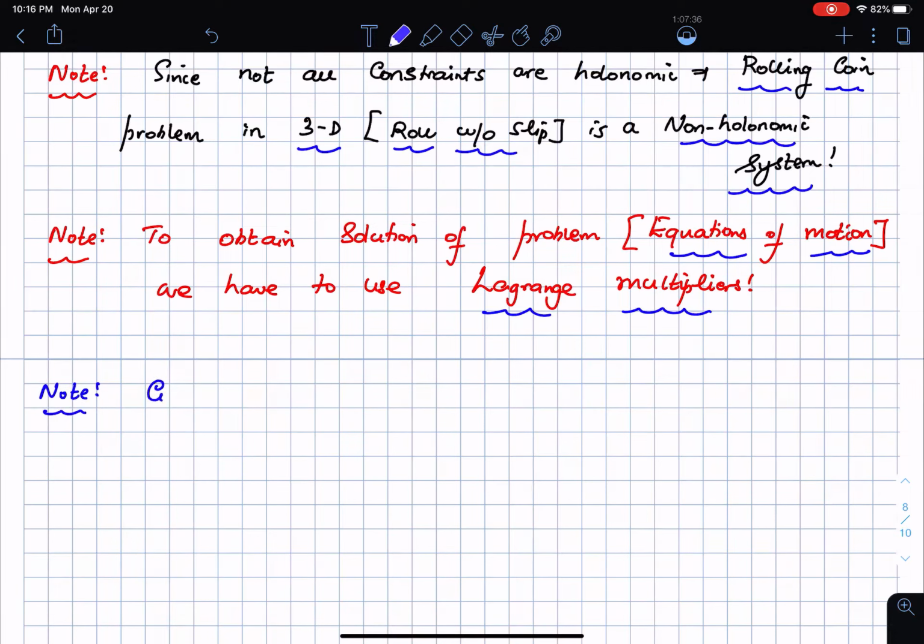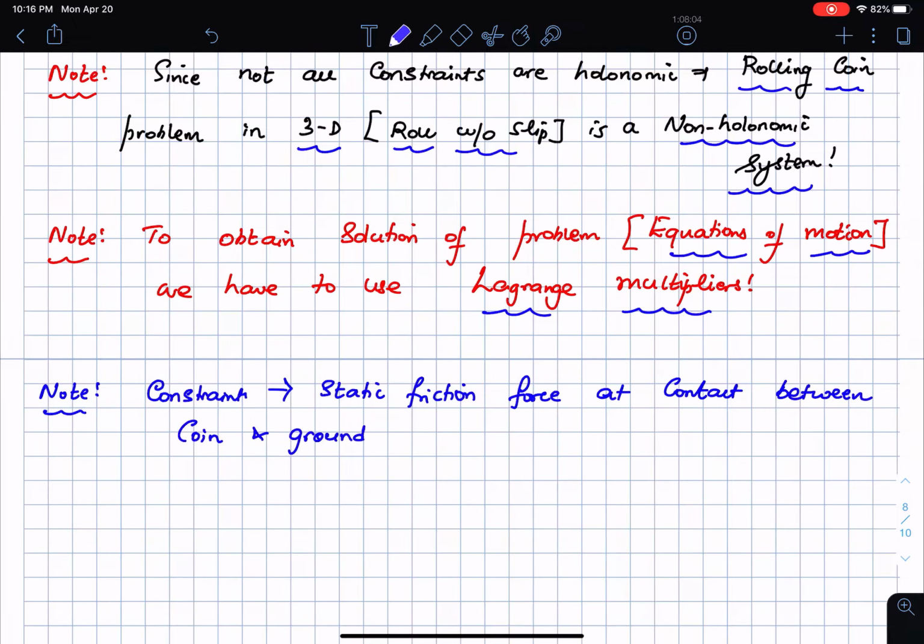The constraint is the static friction force at the contact between the coin and the ground for the non-holonomic constraints.